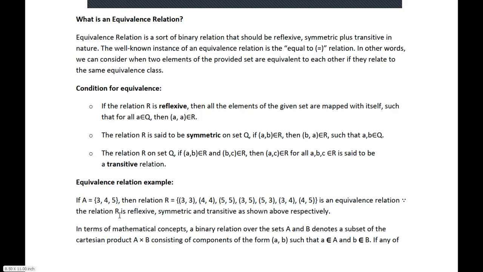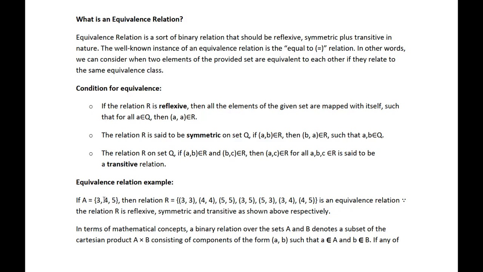Consider an example. Let A be a set containing the three elements 3, 4, and 5, and R is one of the relations on the set A. You know that A contains three elements and A cross A contains 9 elements. So A cross A, that is, the Cartesian product of A with A, contains 9 elements.